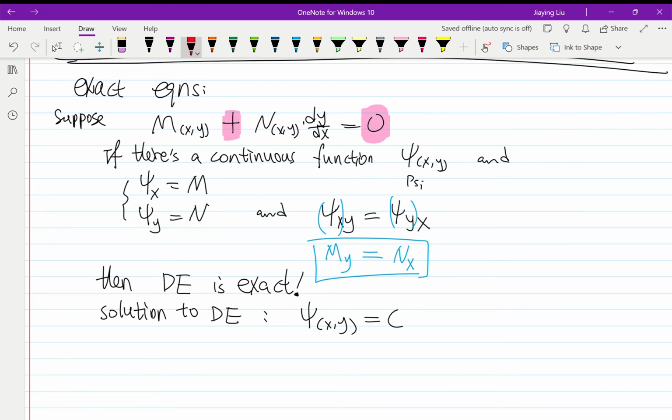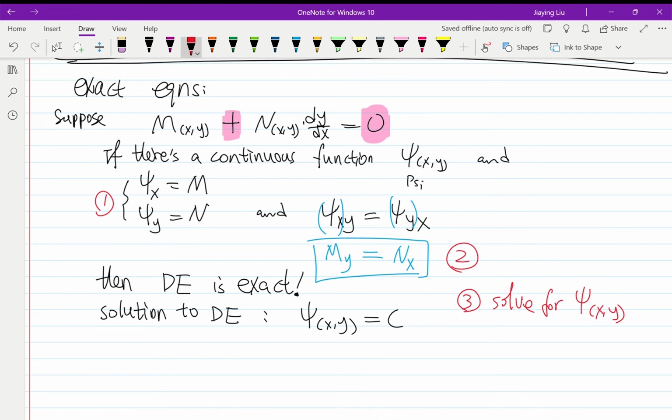The first step is to figure out what M and N are, or psi x and psi y. The second step, you want to check whether the equation is exact. The third step is to solve for psi of x and y.